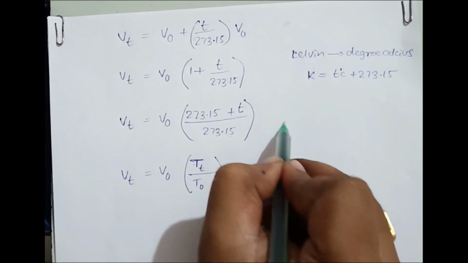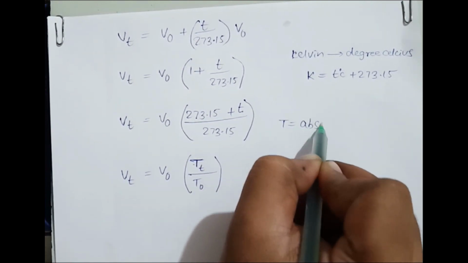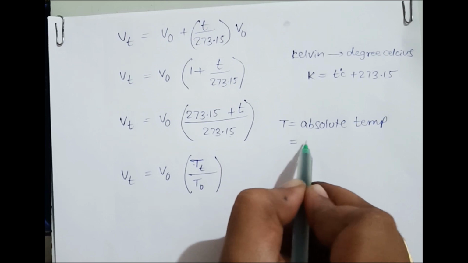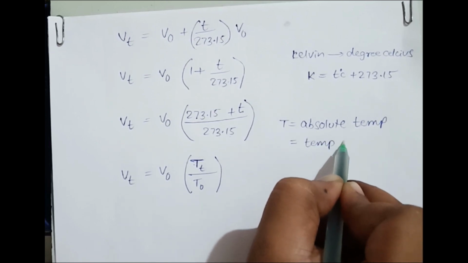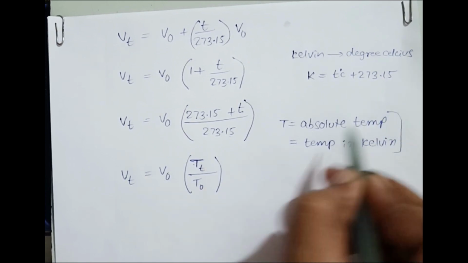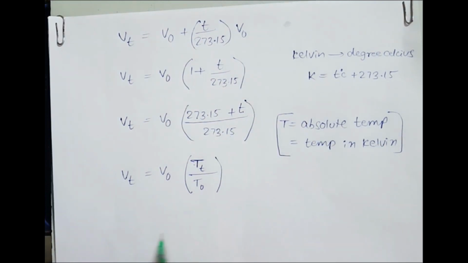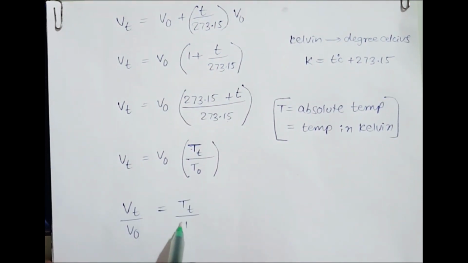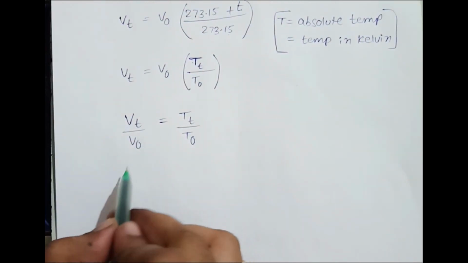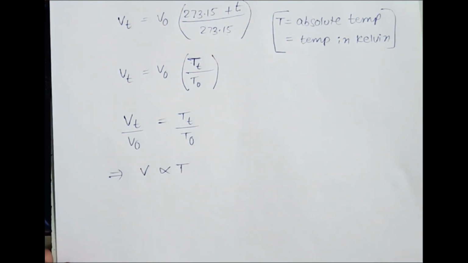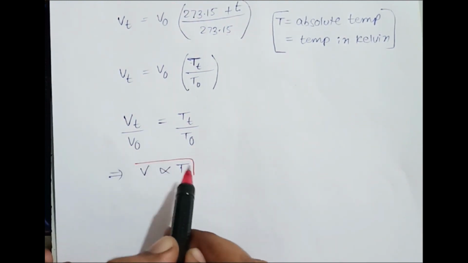So here capital T is called absolute temperature, which means temperature in Kelvin system. Now from this I can write Vt upon V0 is equal to Tt upon T0, which implies V is directly proportional to capital T. From here I can make a Charles law statement.